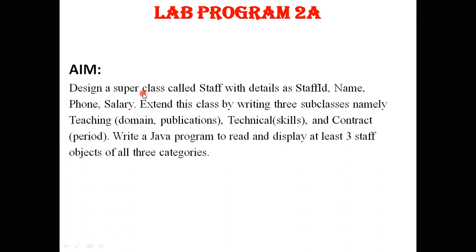So we have to create one superclass, and using that superclass we have to create three subclasses. Forthcoming, we will see what kind of inheritance lab program 2A is exhibiting.